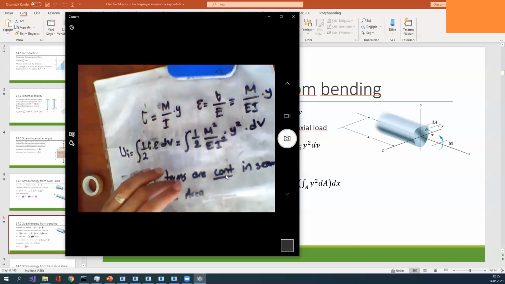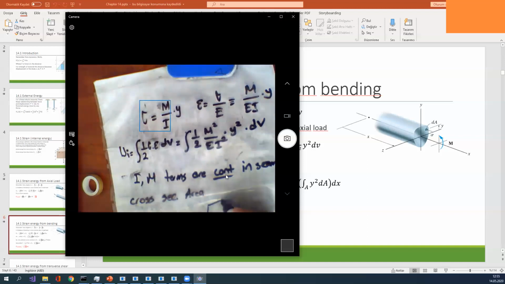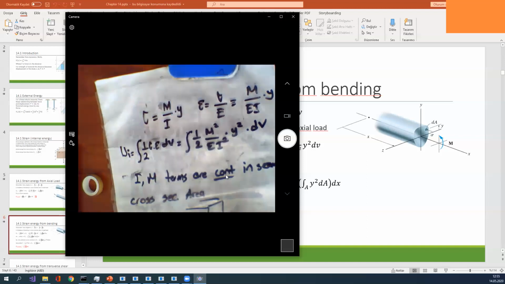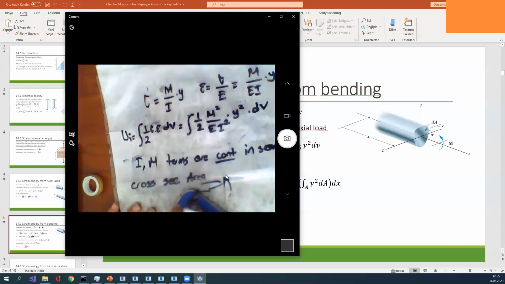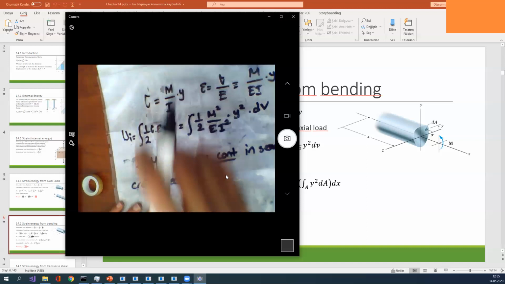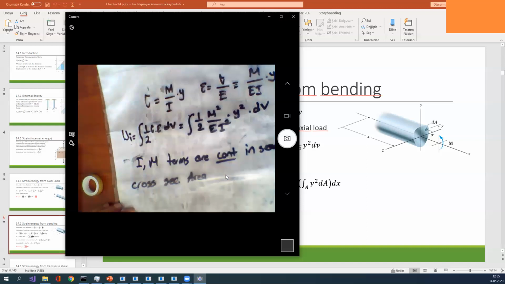Therefore, for example, if a beam is like this, we have a moment. This moment is constant in the same section, but with different length, the moment can vary. Also, the moment of inertia can vary if our cross section shape changes. Therefore, I want to divide the integration into 2 parts.